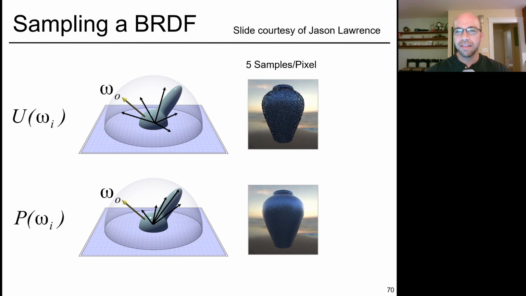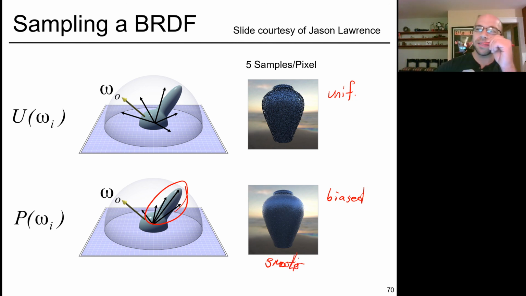And here you can see the result. Here we do a uniform sample of rendering this vase sitting, I don't know, on a beach apparently. And here we do a biased sample, where the biased sample is trying to compute more samples in the direction of the lobe of the BRDF. One thing that you can see is that you get a smooth, or at least smoother, rendered image as a result.